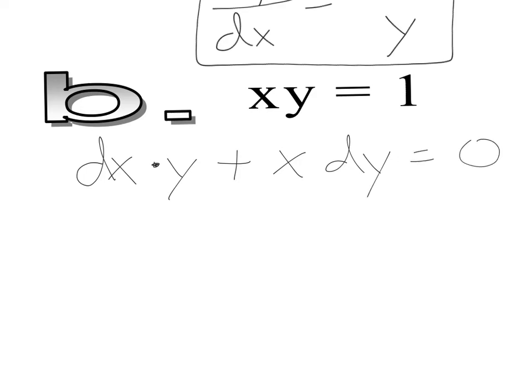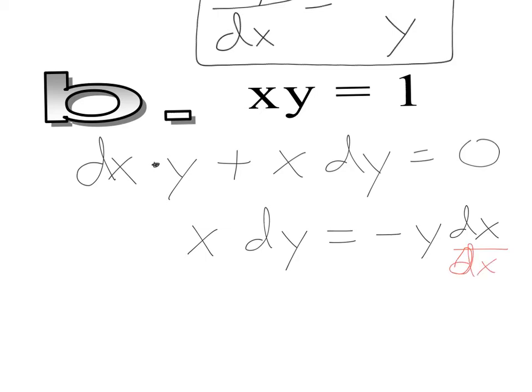All right, same thing. We're going to try and get the part with the dx on the other side. So we get x dy equals negative, and let's actually say y dx. That's a little bit better. This pattern here is the one that you're going to see a lot, because you'll often see x being multiplied by y in implicit derivative problems. Okay, so we're going to just go ahead and divide both sides by dx.